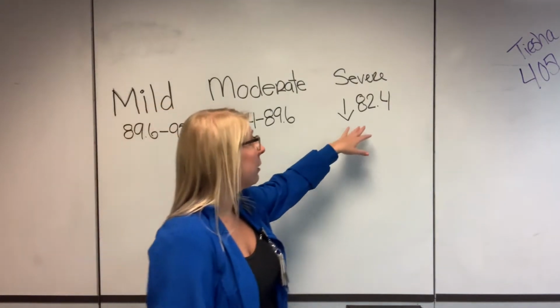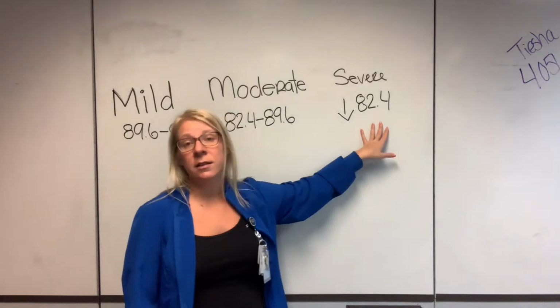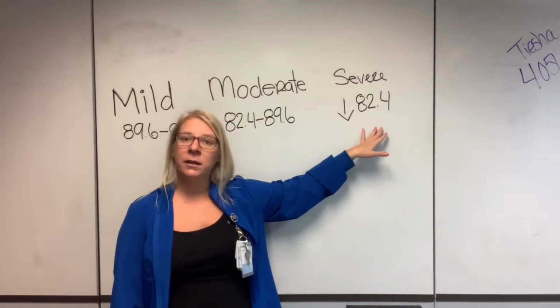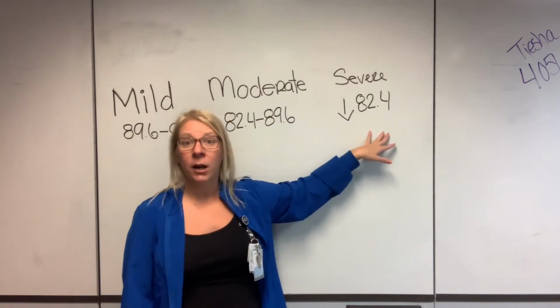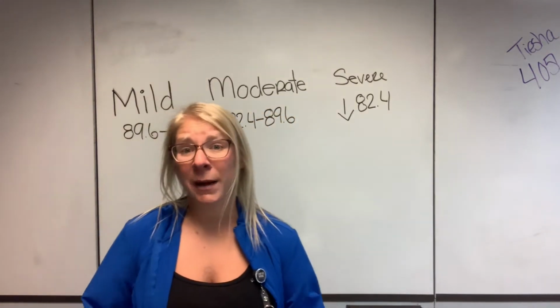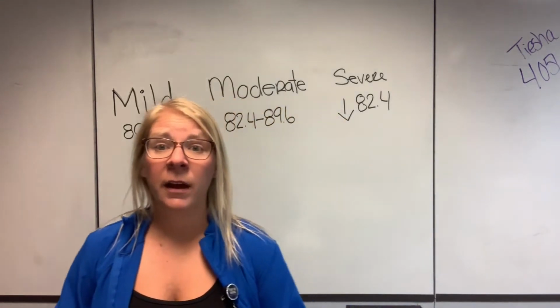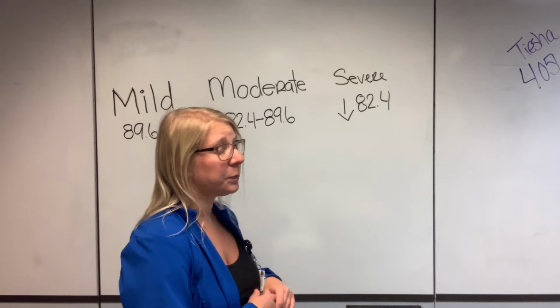And severe hypothermia is going to be your patients that are almost, if not already, comatose. They are unresponsive. Their pupils might already be fixed and dilated, and there's no shivering. They are still very cold to touch.